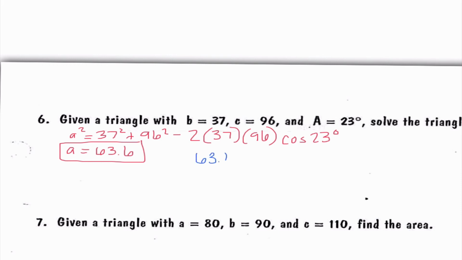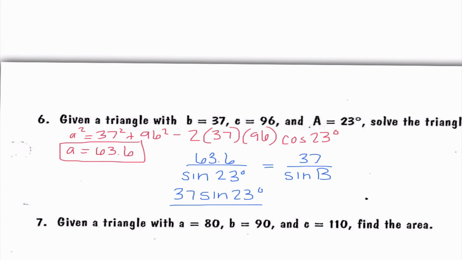So I'm going to do 63.6 over the sine of 23 degrees, and I like order, so I'm going to find B first, but for all you rebels out there, go for C. When I cross multiply and divide, I get 37 times the sine of 23 degrees over 63.6 equals the sine of angle B. So once again, I'm going to have to use sine inverse in my calculator, and I'm going to type that in as I talk to you.